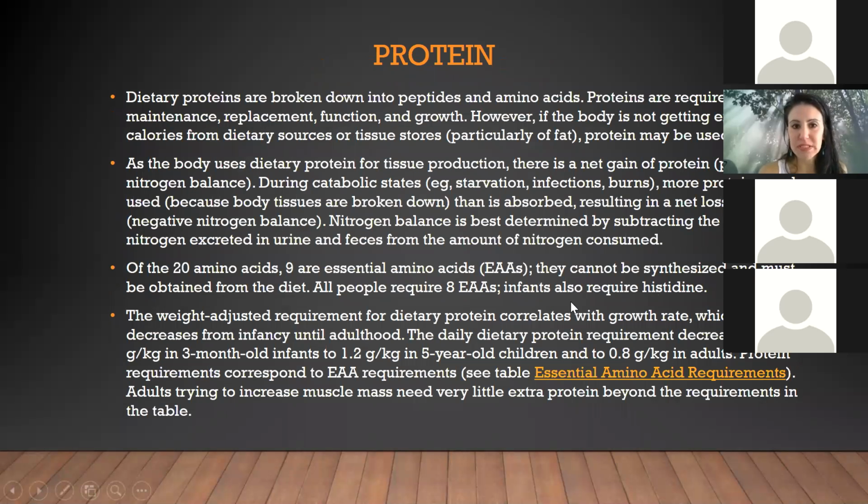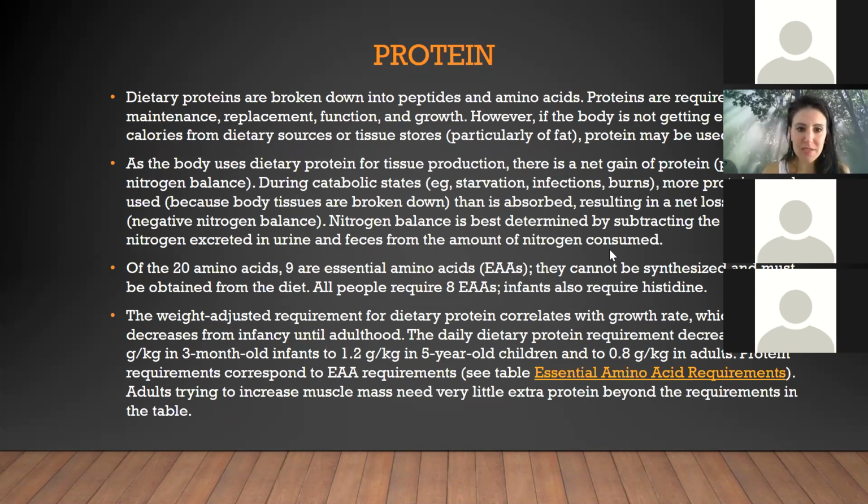Okay, on to proteins. Proteins are broken down into peptides and amino acids, and they are required for tissue maintenance, replacement, function, and growth. If the body is not getting enough calories in general, protein actually can be used as an energy source, but it's definitely not ideal. As the body uses dietary protein for tissue production, there is a net gain of protein.